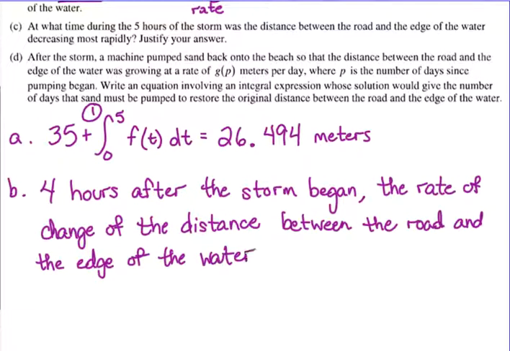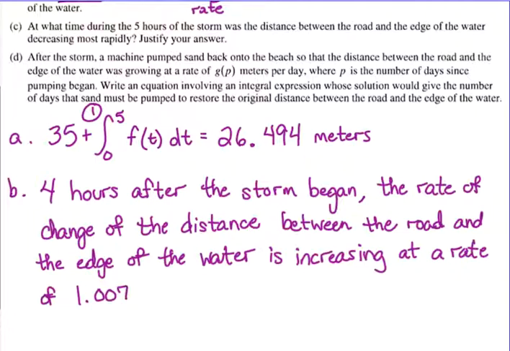What is it doing? Is it increasing or decreasing? Well, the rate is positive, so it's increasing. And you need to say at a rate of 1.007, we need to include units here, meters per hour squared.